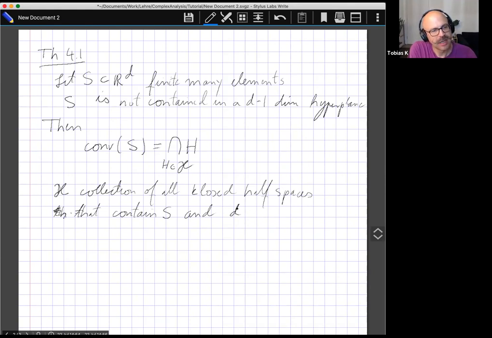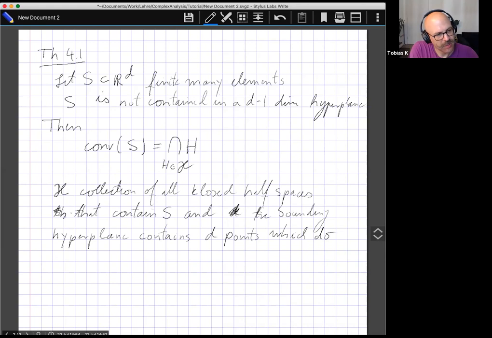and the bounding hyperplane contains D points which do not belong to a D-2 dimensional affine subspace.